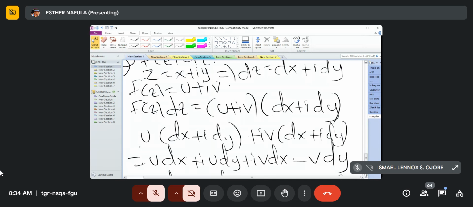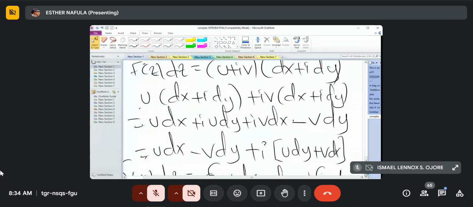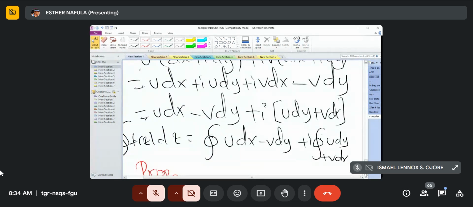If you open the brackets, excuse me. I have a question. Could you please clarify using an illustration what a contour integral is?